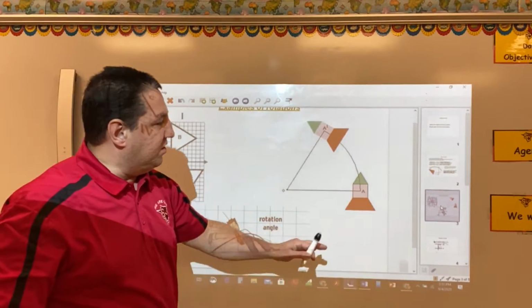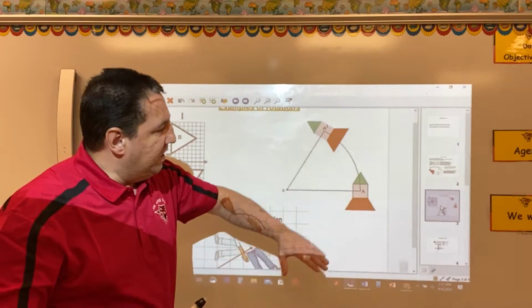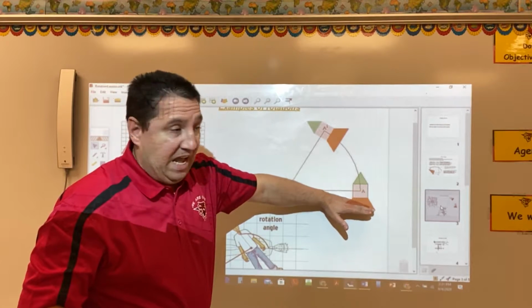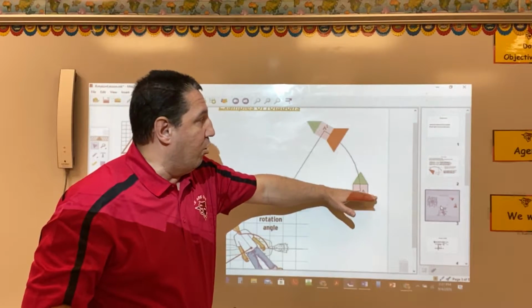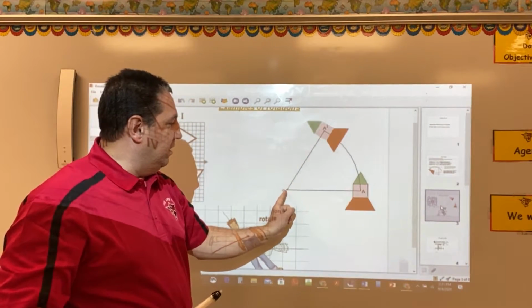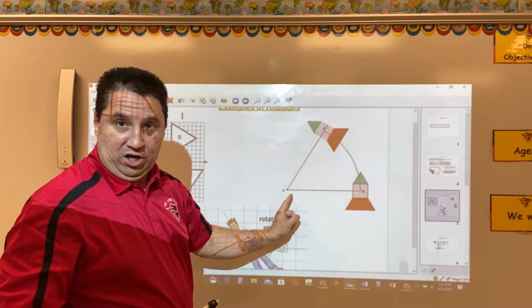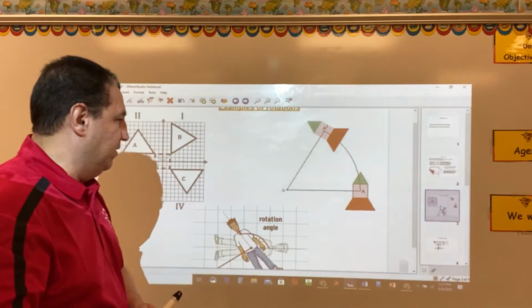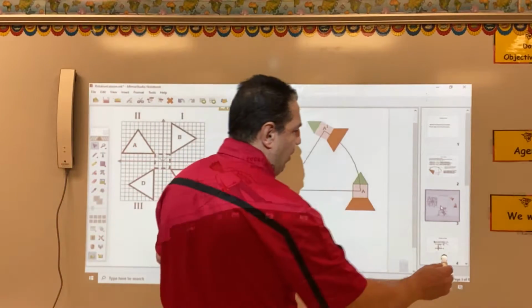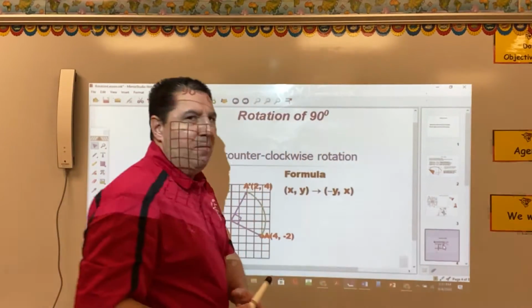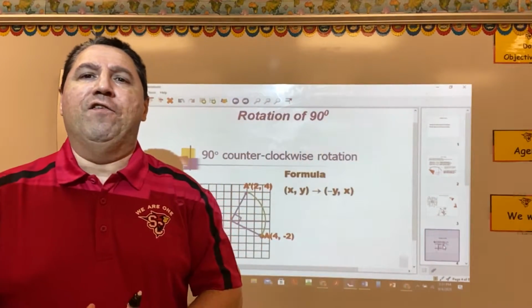Here, this rocket was rotated counterclockwise around this point called the center of rotation.